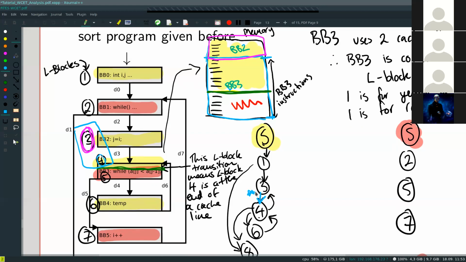I'm hoping this makes sense. It's a bit confusing. The key thing to know is that we can establish this green line because of how basic blocks can't be interrupted. They are continuous instructions, which means they're continuous in memory. Since they're continuous, the fact that we have yellow and red in the same basic block means we are going over the end of the yellow cache line into the beginning of the red cache line.